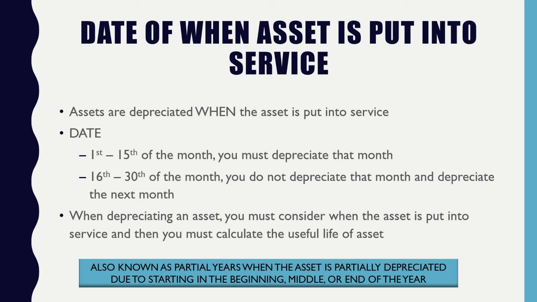Okay? Now, we also have to understand that we have to treat our fixed assets just like they are our baby, right? The day it was born is going to be the day that you count how old it is. So that's exactly the same concept that's going to apply here. The day that you place it in service is going to be the day you start depreciating it.